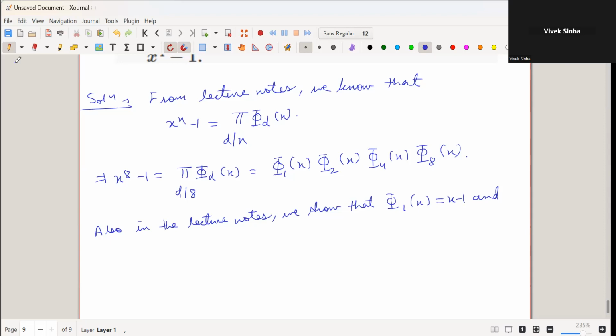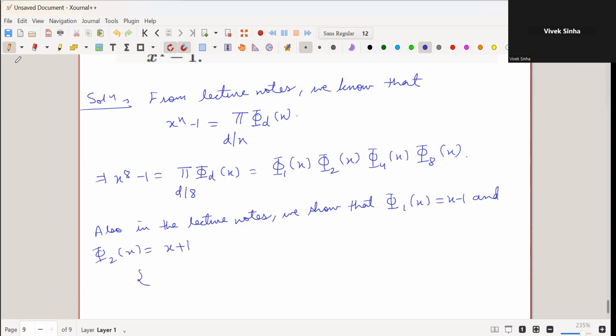In fact, no need to worry how it happens. The same thing you apply for n equal to 1: x^n minus 1 is the product of phi_d(x) over divisors of n. What is the divisor? That is 1 itself. So x minus 1 is just phi_1 of x. And phi_2 of x is x plus 1.